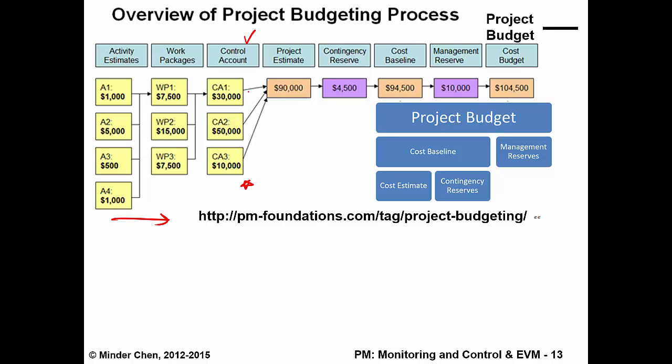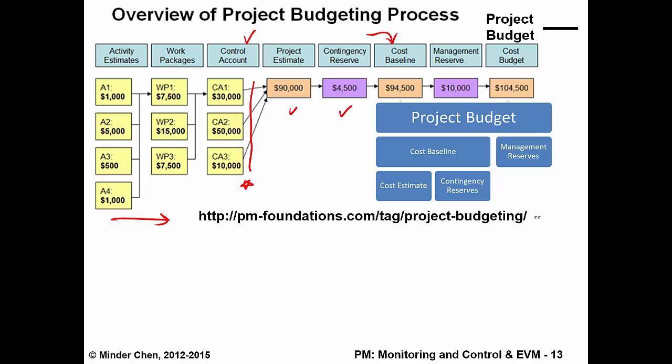If you add up all the control accounts, then we will have our project estimation. If we add the so-called contingency reserve, that will end up being our cost baseline.